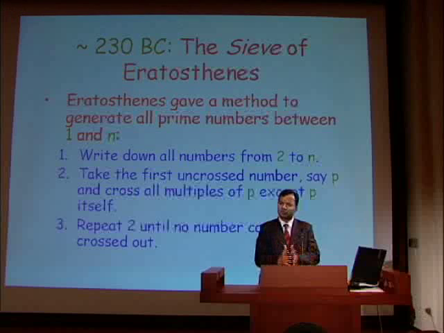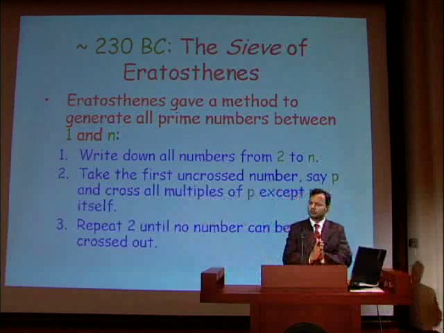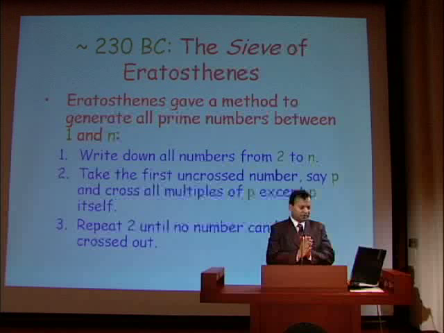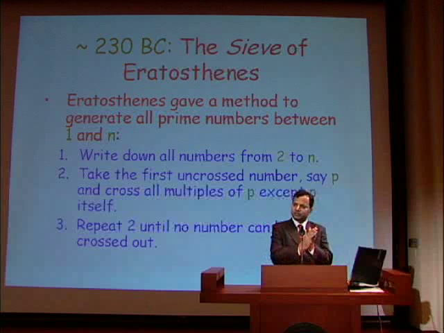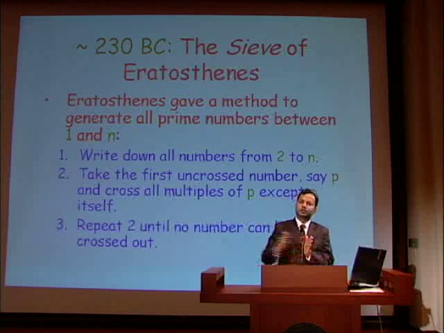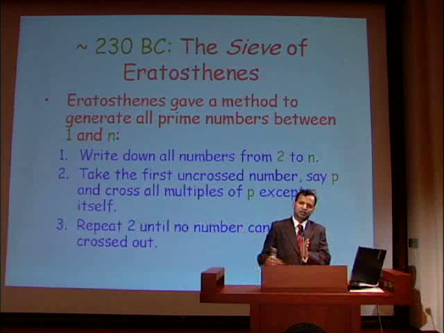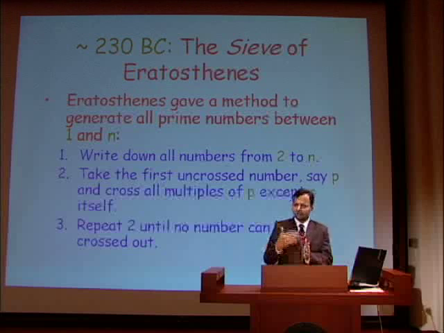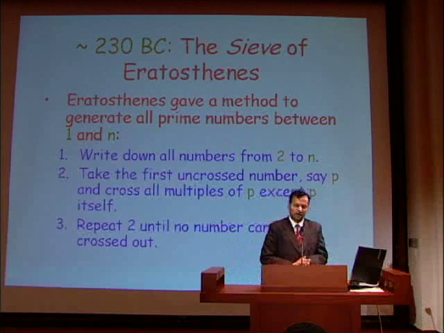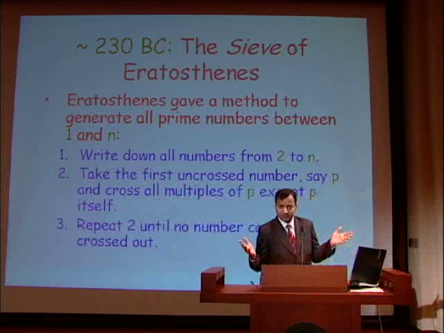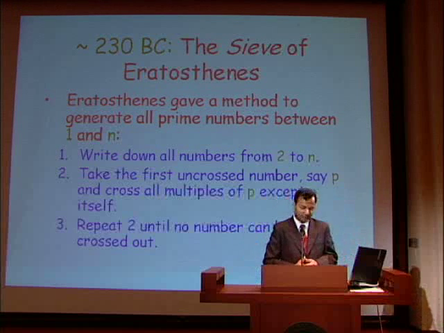And it's an extremely simple method. Write down all numbers from 2 to n, and we start crossing them out. Take the first uncrossed number, say p, and cross out all multiples of p except p. Then take the first uncrossed number again, cross out all its multiples, and keep doing it until we cannot cross out any other number. Whatever is uncrossed are all primes.